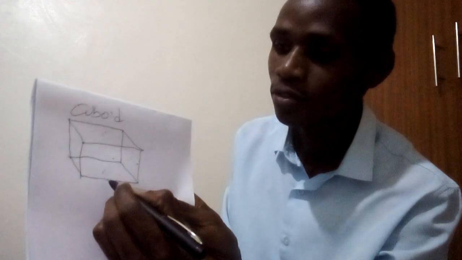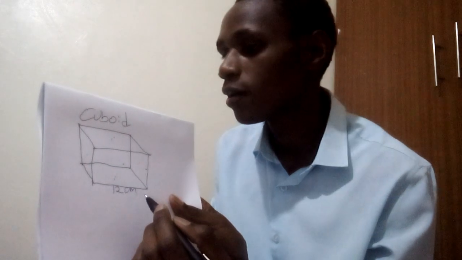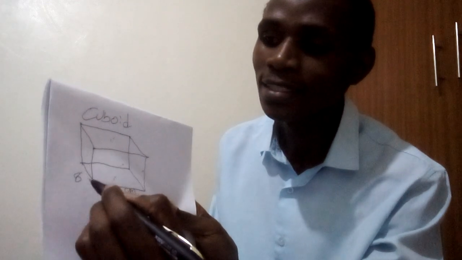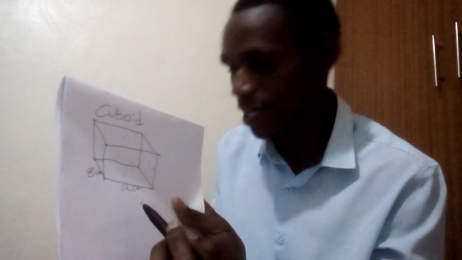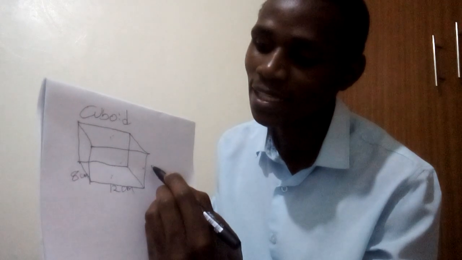The question reads, calculate the surface area of an open cuboid which is 12 centimeter long, 8 centimeter wide, and 6 centimeter high.